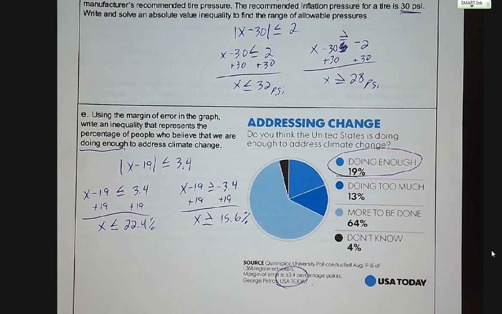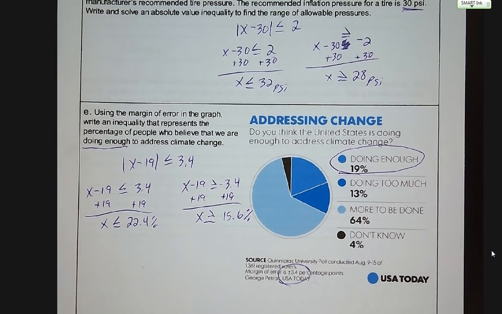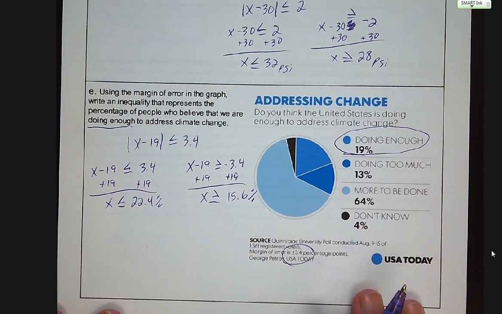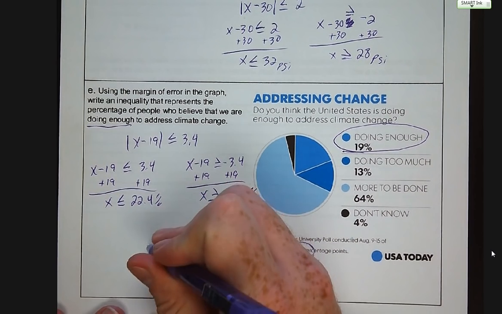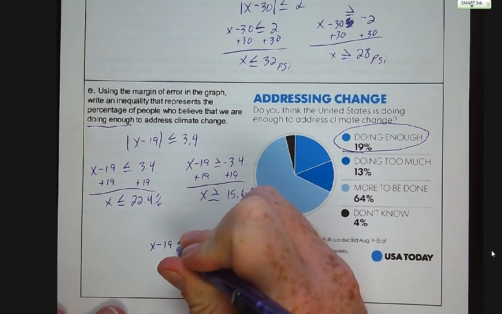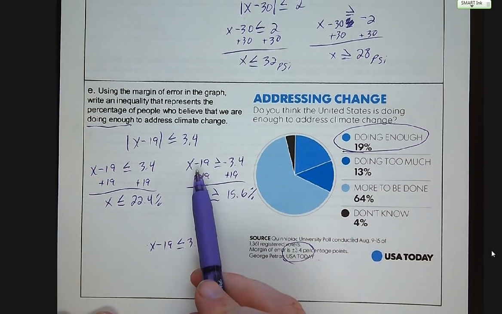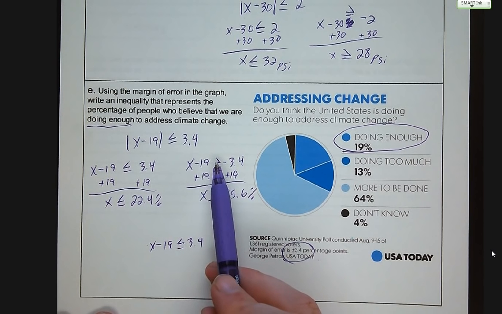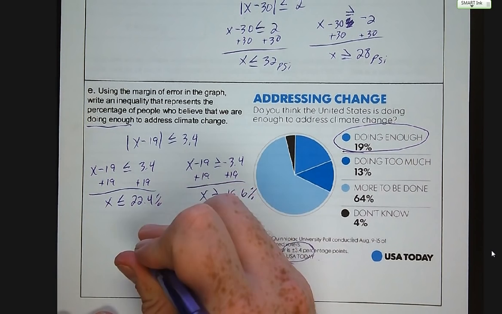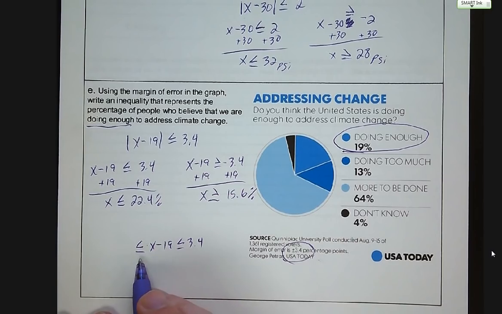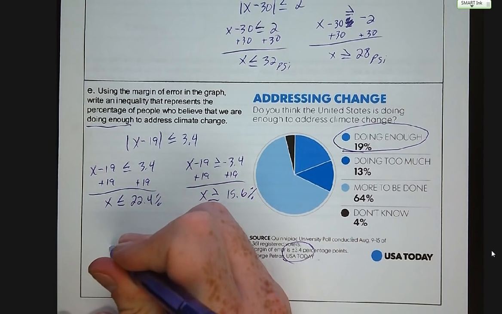All right. Now I did say you could write these as one inequality, and I'll just show you that real quick down at the bottom here. We have x minus 19 is less than or equal to 3.4. But you'll remember we can read this the other way. X minus 19 is greater than or equal to, as we read right to left, negative 3.4.